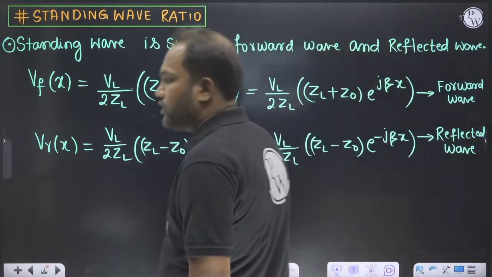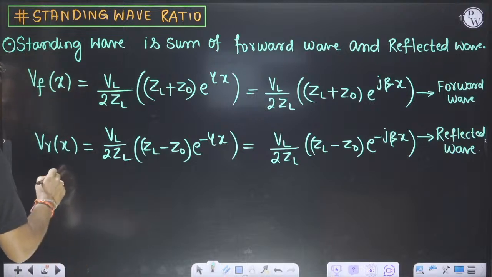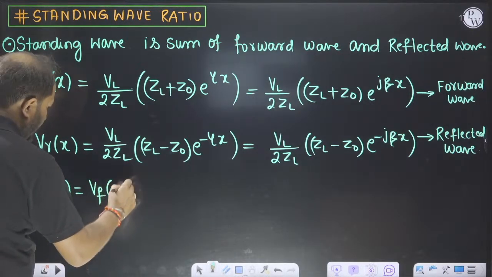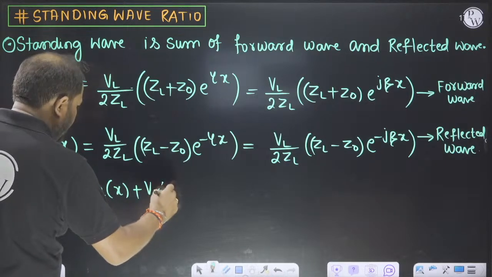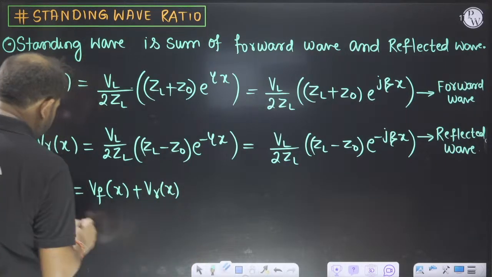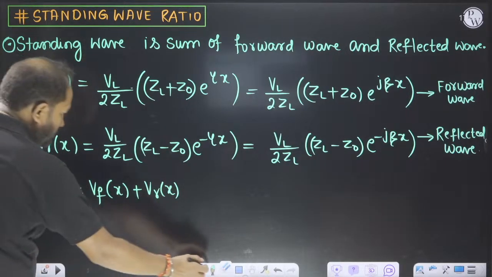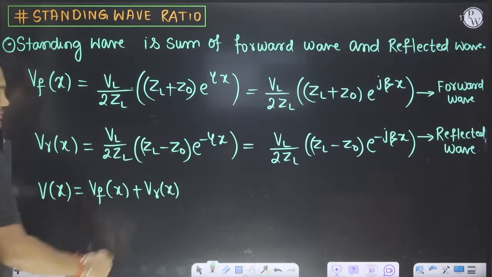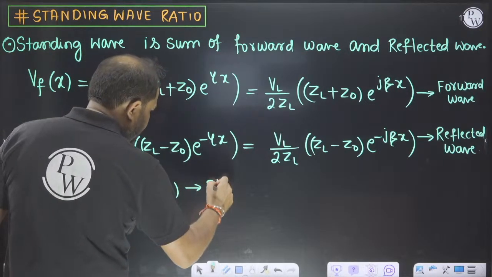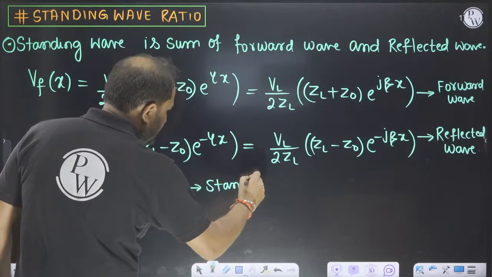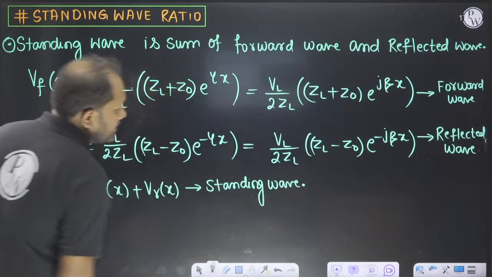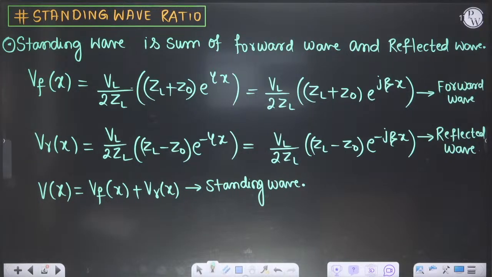And the sum of the forward wave plus reflected wave is the standing wave. So this is our standing wave.